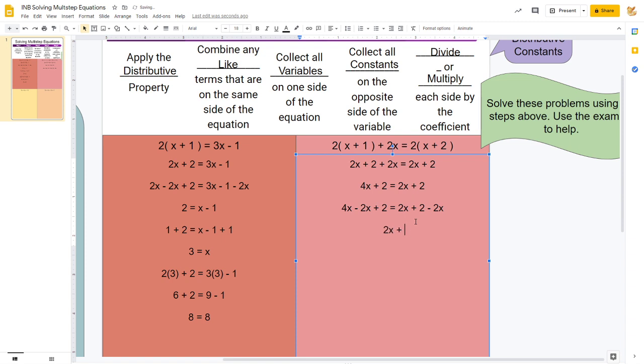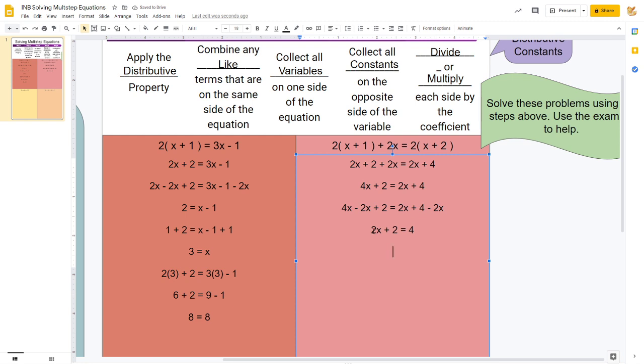So I'm just going to leave it like this. Equals, let's see, I got rid of that 2x, so it's just 2. Oh, wait. In case you guys didn't notice, I made a mistake. I forgot to multiply the 2 and the 2. I just put 2. It should be 4 all the way down. Okay, that's better. So now we got this.